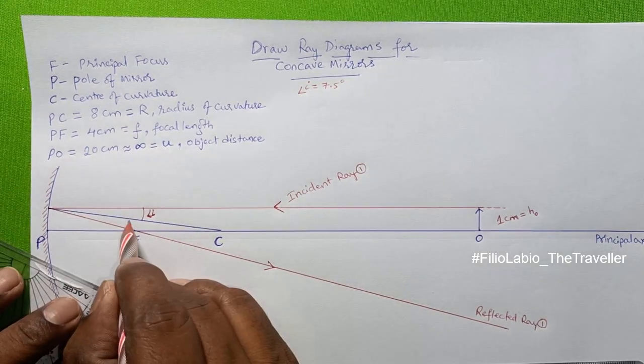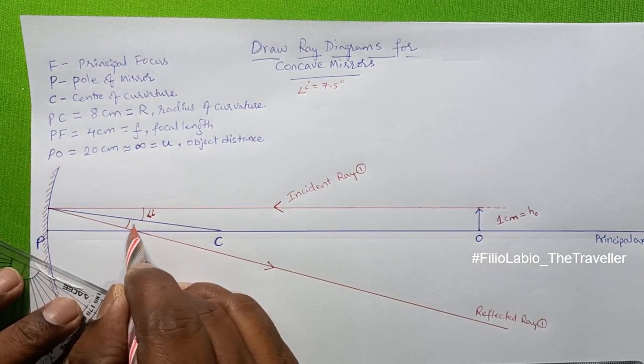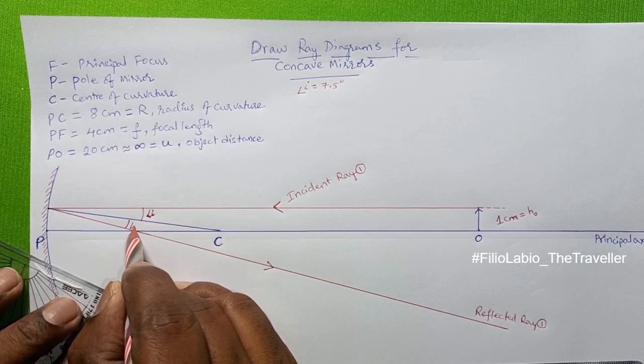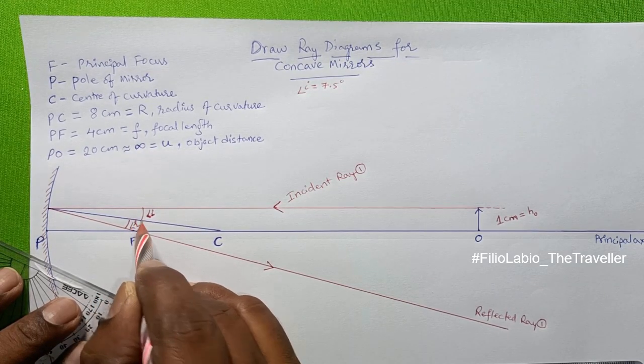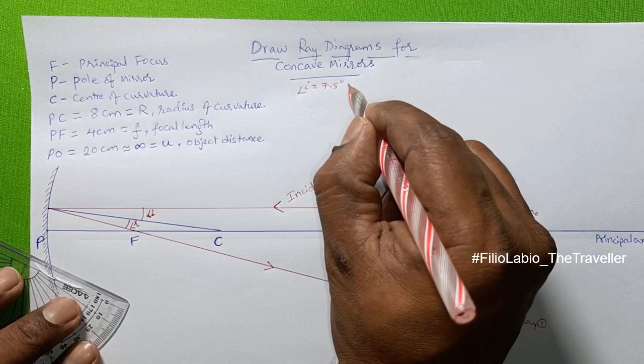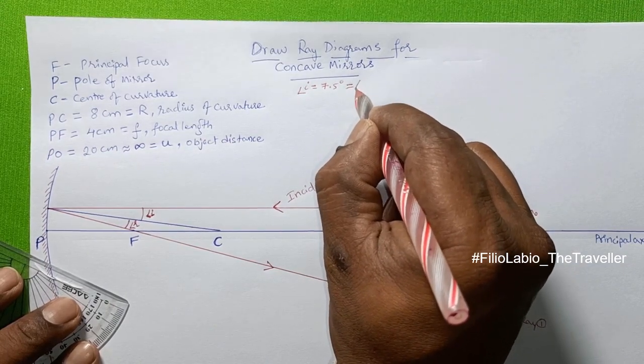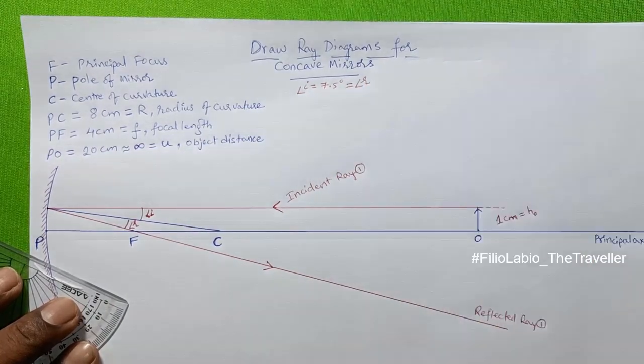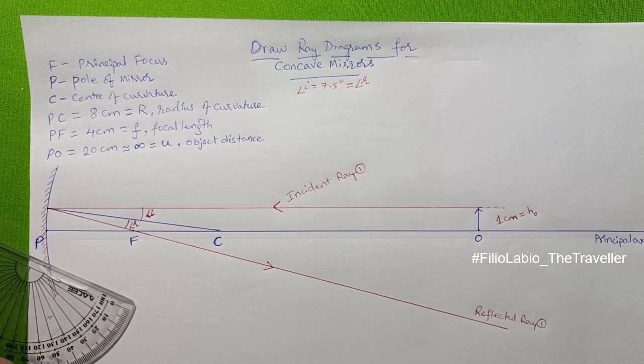Therefore, the angle of reflection is also the same. Angle I is equal to 7.5 degrees and angle R is also equal to 7.5 degrees. This is about the first ray.